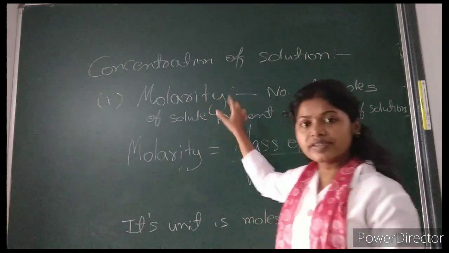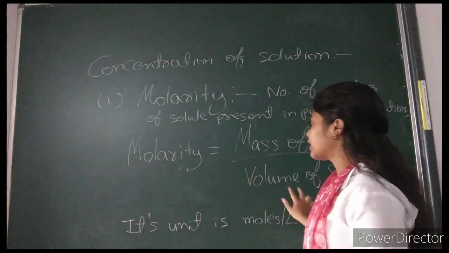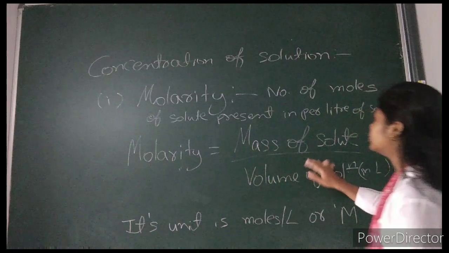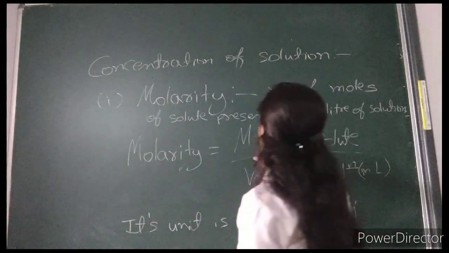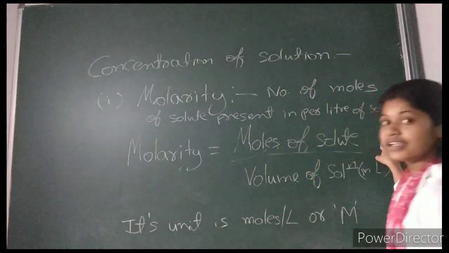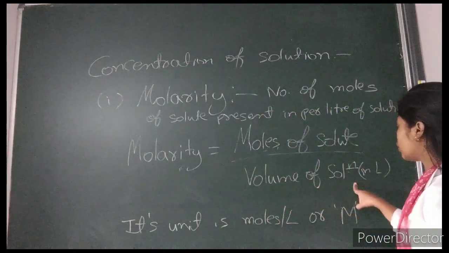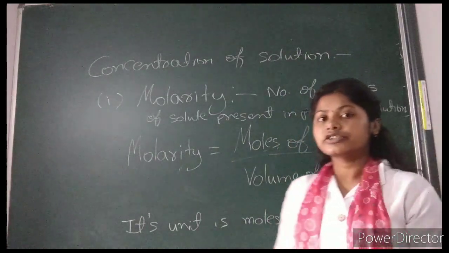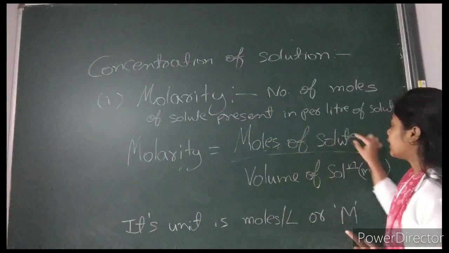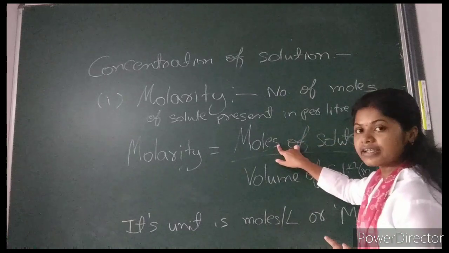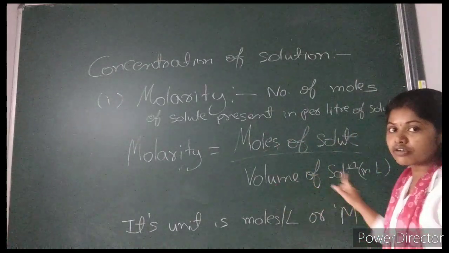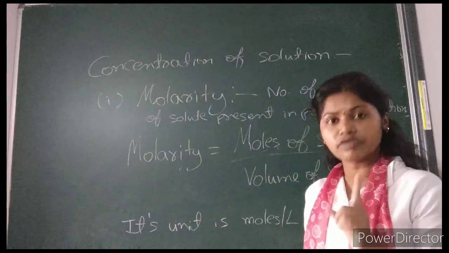The formula is molarity equals moles of solute divided by volume of solution in liter. One thing to be memorized here is that moles we take for the solute and the volume we take for the solution, not for the solvent.